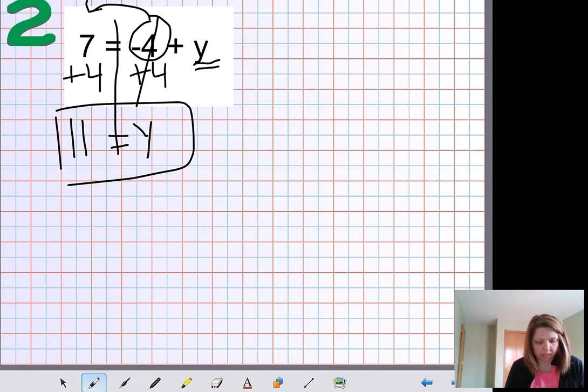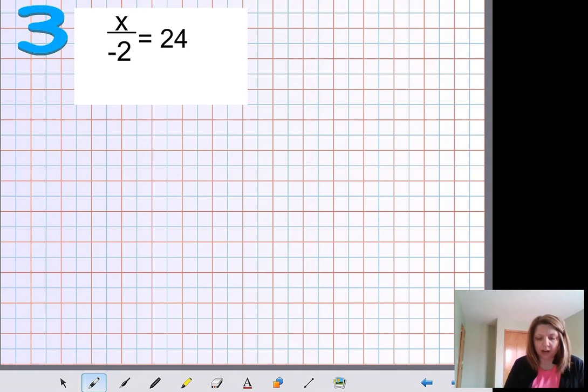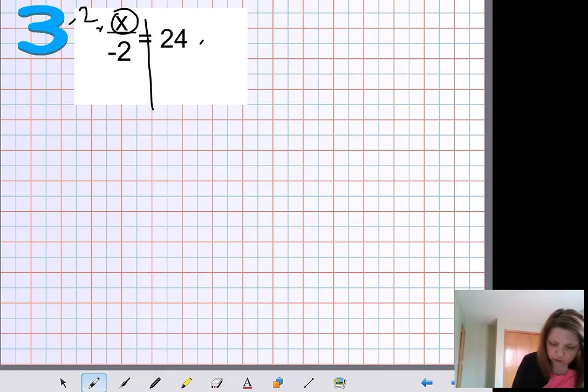Another example like this. x divided by -2 equals 24. If we have division here and we want to calculate for x, the opposite of division will be multiplication. So we will multiply by -2 on both sides of the equation.